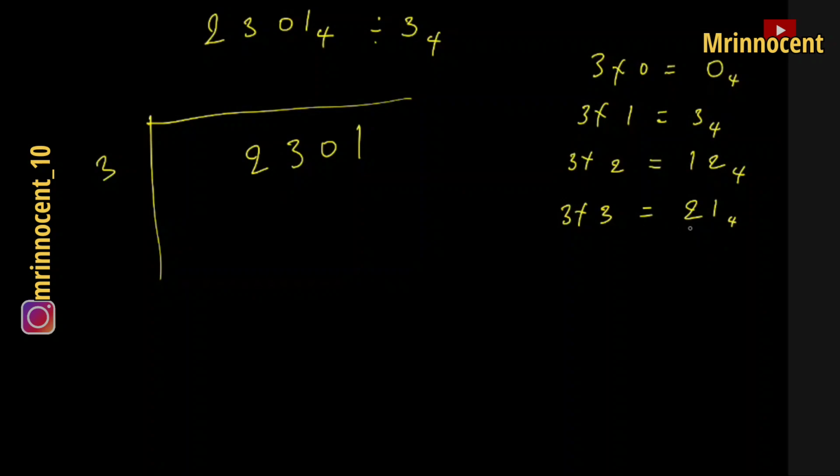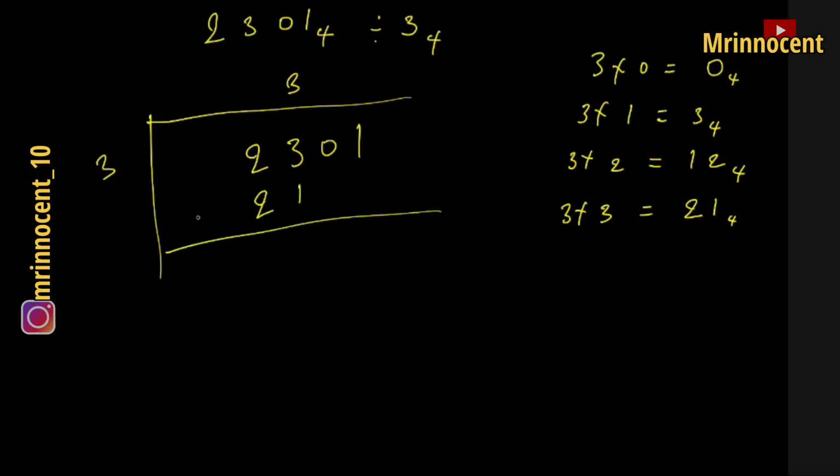So you have 3 times 3 is 21, so you have 3. You subtract. So you have 3 minus 1 is 2, and 2 minus 2 is 0.